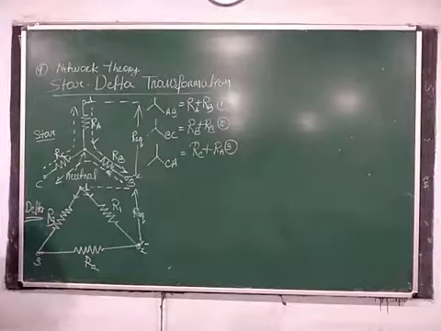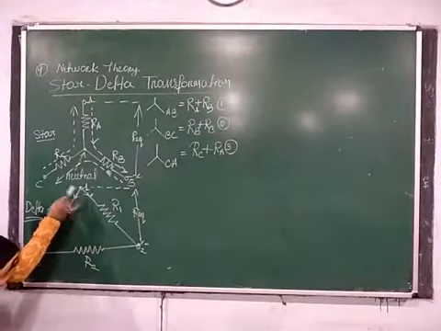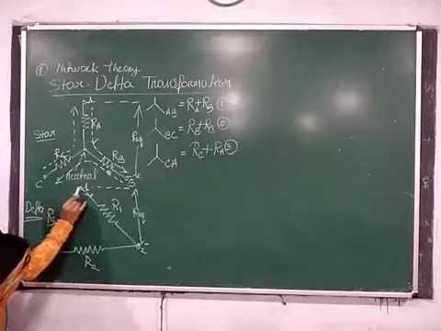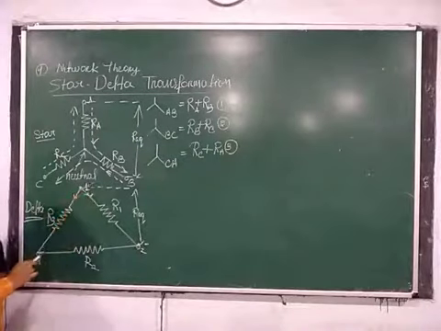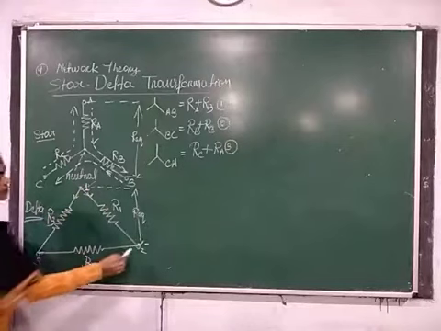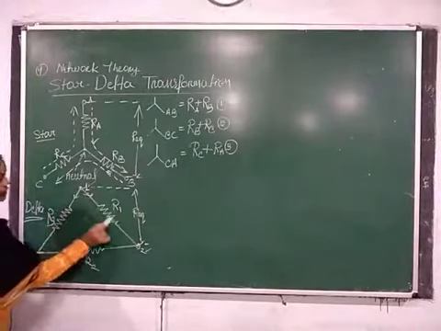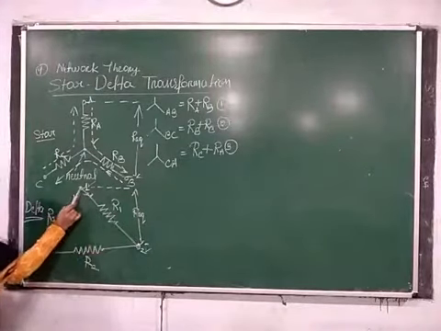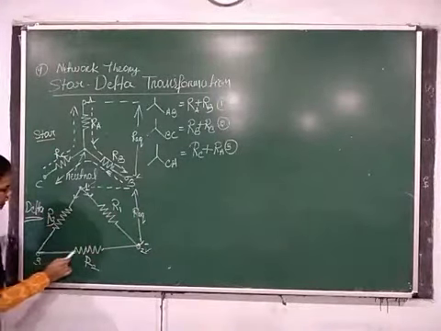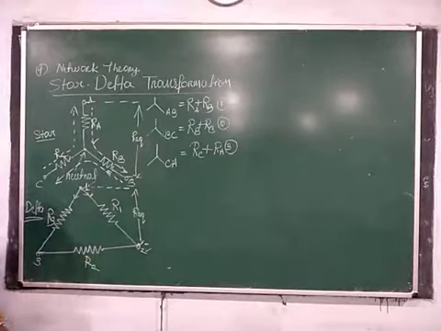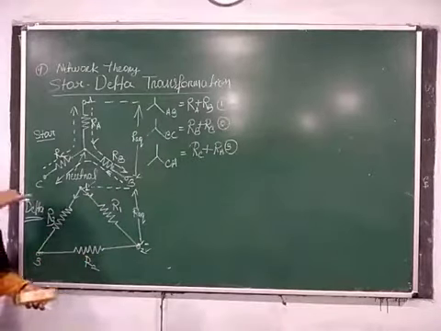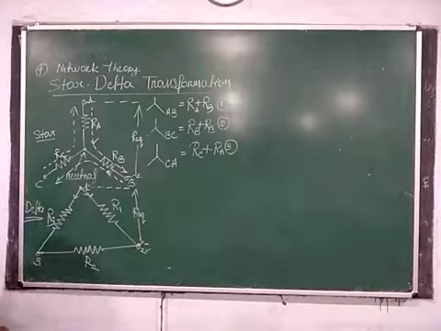So, to reach this point, I have two paths: the R1 path and the series combination of R3 and R2, and these two paths are in parallel.